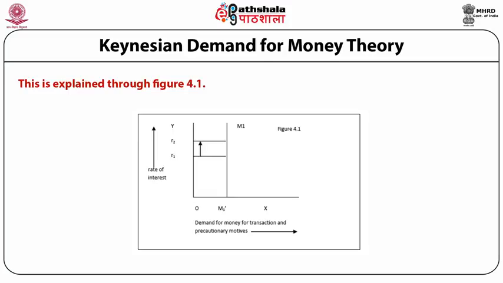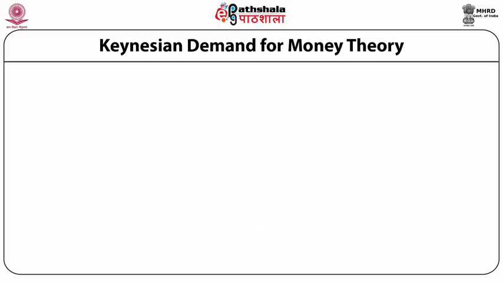The diagram shows that when the rate of interest is OR1, the M1 demand for money is at OM1 prime. When the rate of interest increases to OR2, the M1 demand for money remains fixed at OM1 prime. Thus, any change in the rate of interest brings no change in the M1 demand for money.